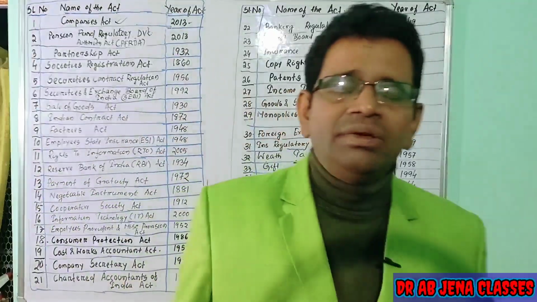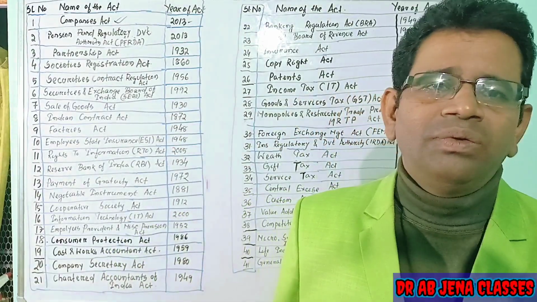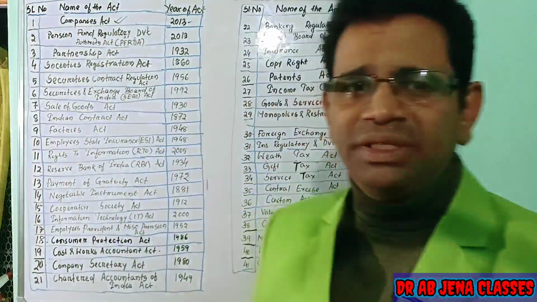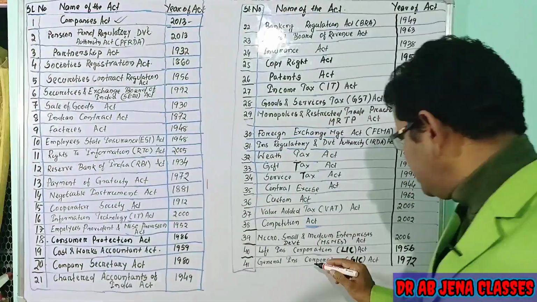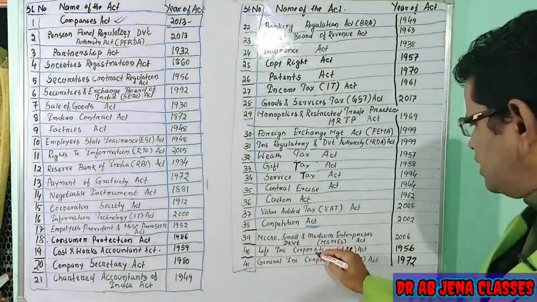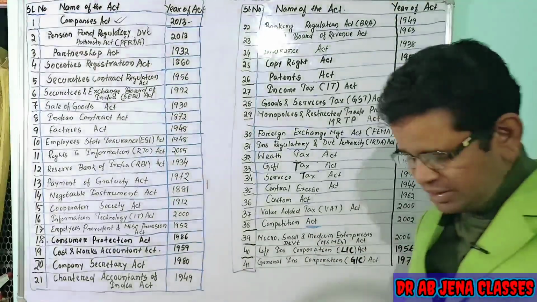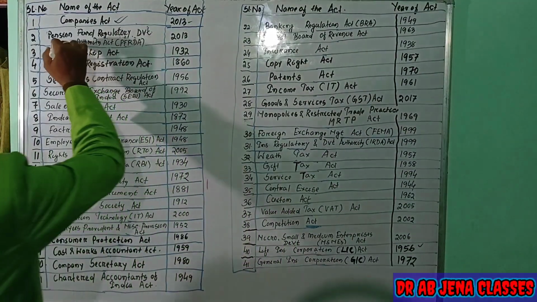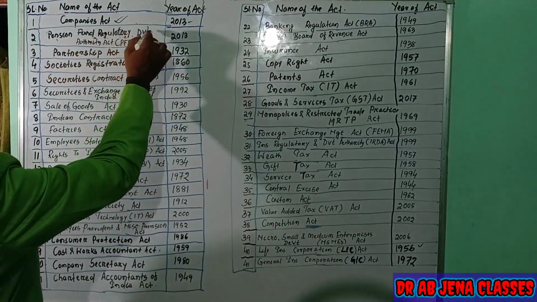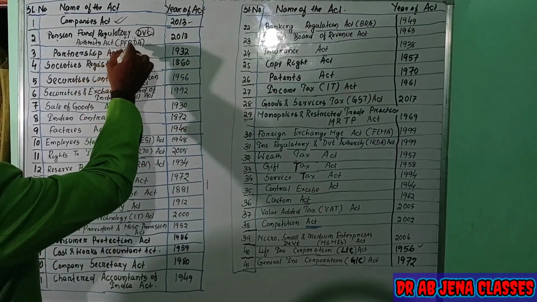Dear friends, the new Companies Act 2013 has already replaced the old Companies Act 1956, and easily we can remember 1956. It is also the Life Insurance Corporation Act, the LIC Act, whose year is 1956. The second one is the Pension Fund Regulatory and Development Authority Act, PFRDA.